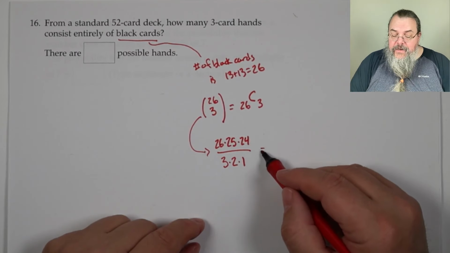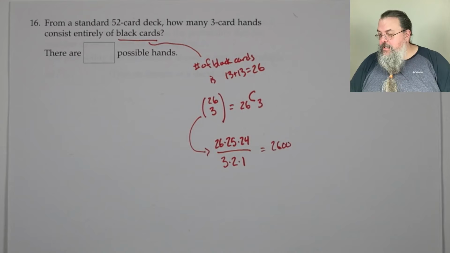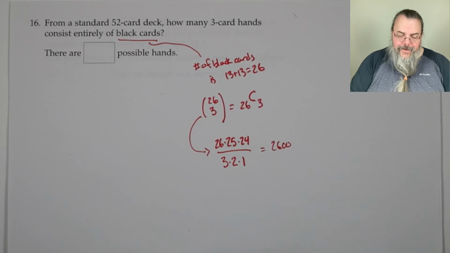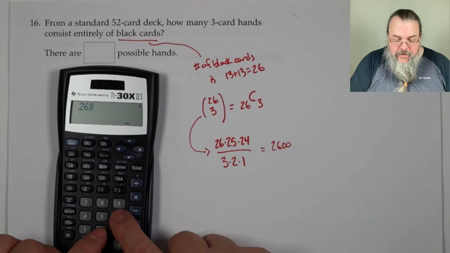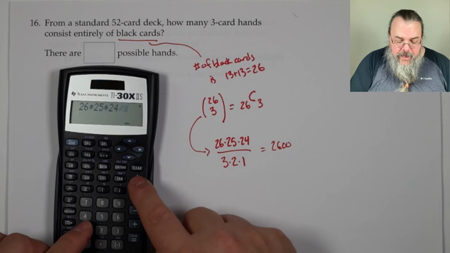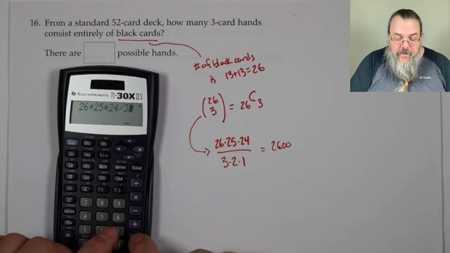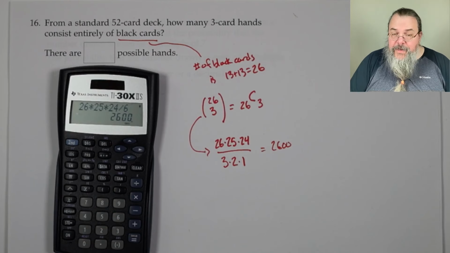You can use a calculator and get 2,600, right? Well, let's find out. So we have 26 times 25 times 24, divided by 3 times 2 times 1. You can do that in your head. That's dividing by 6, and you get 2,600.